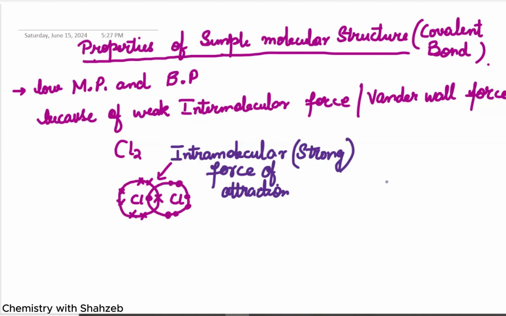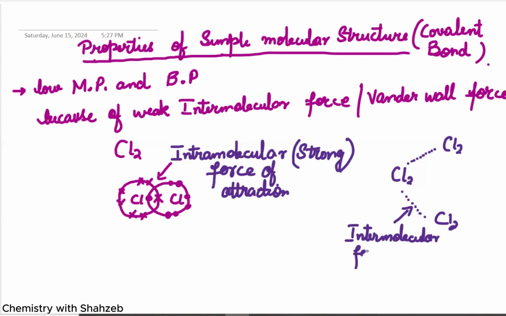Now, what is intermolecular? So this is a Cl2 molecule. This has been attracted to another Cl2 molecule, and that is also attracted to another Cl2 molecule. This force of attraction that is present between molecules holding them together is basically called intermolecular force of attraction, and that is weak.